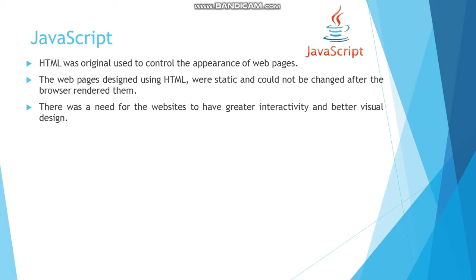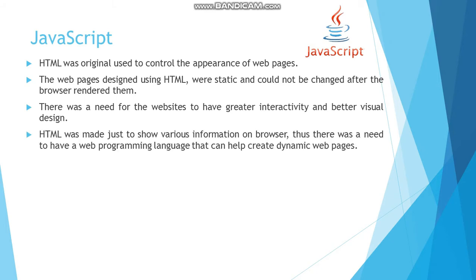It means when the user clicks on any object, there must be some changes made in the output. HTML was made just to show various information on the browser. Thus, there was a need for a web programming language that can help create dynamic web pages.